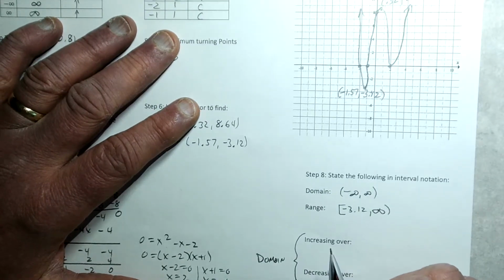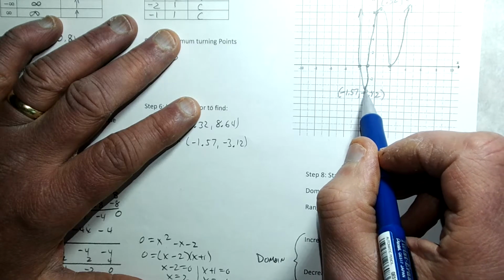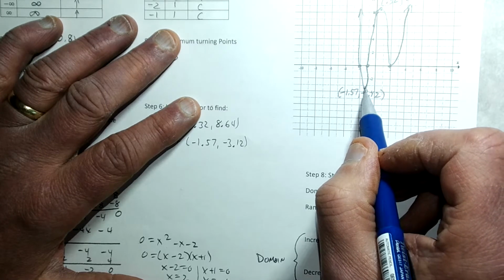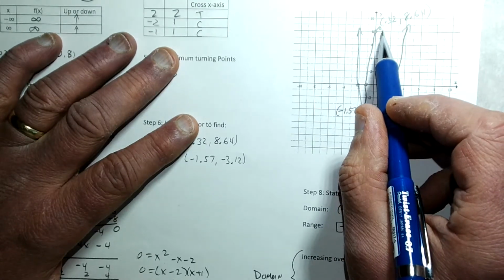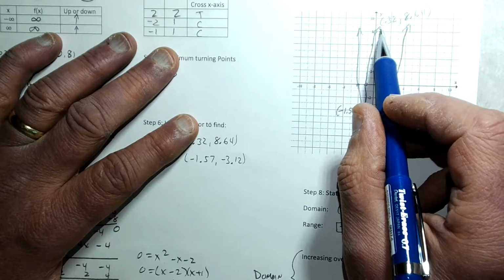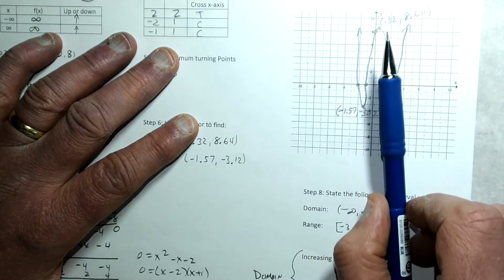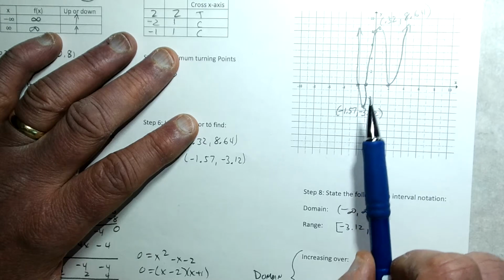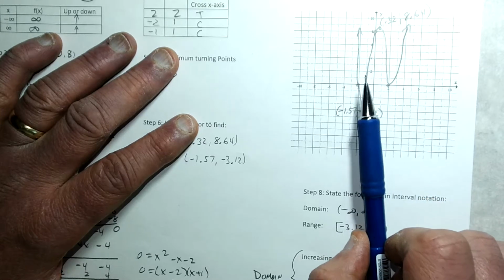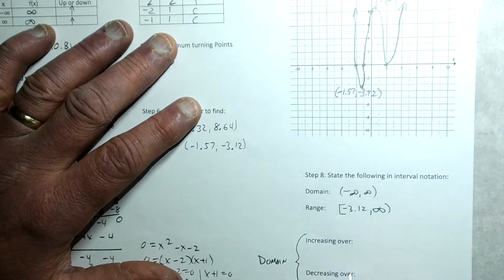But for areas of increase, it started here to increase from this x value of negative 1.57 up into this x value of 0.32, the x coordinate of this. I mean, the output's increasing over those inputs, right? When you put in negative 1.57 all the way through 0.32, you're getting increasing outputs. And that's what it means for an interval of increase.